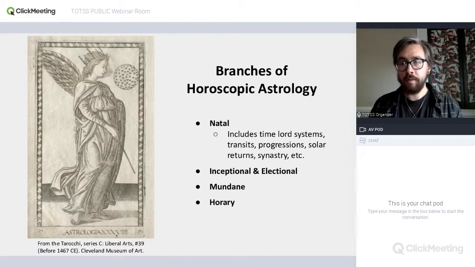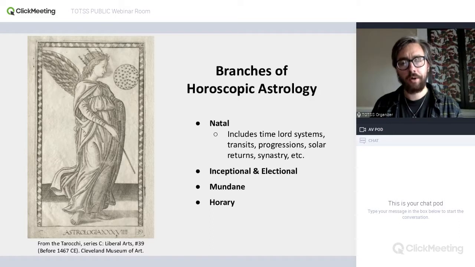The first, and this is probably the original branch, is what we call natal astrology. This is looking at the birth times of, generally, humans, so casting a chart for the moment of birth. We'll talk a little bit as we go through about why it's the birth that is the moment, as opposed to conception or some other moment, because there are definite reasons for it.